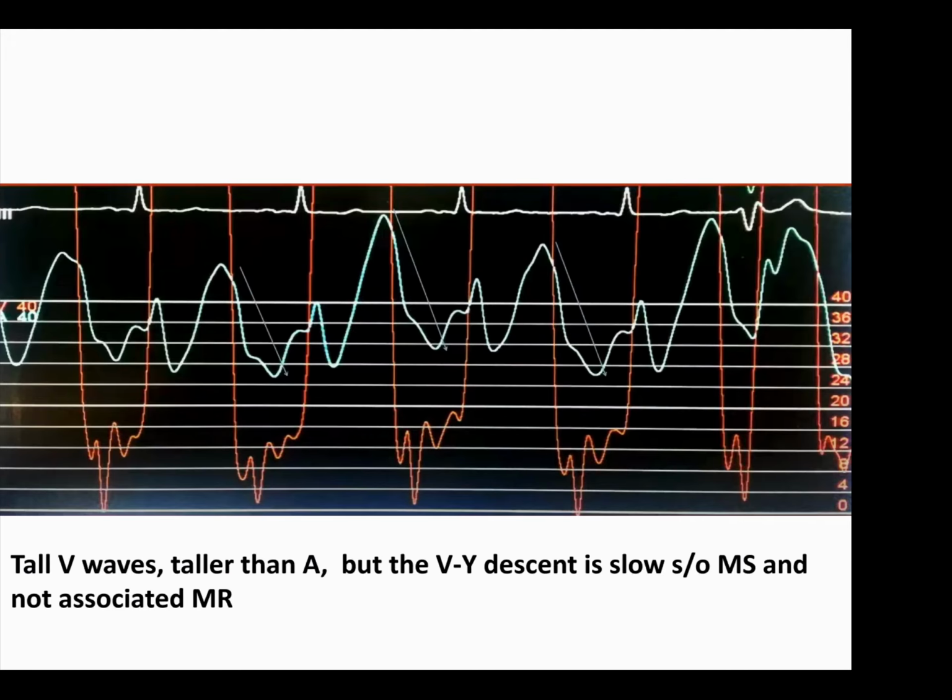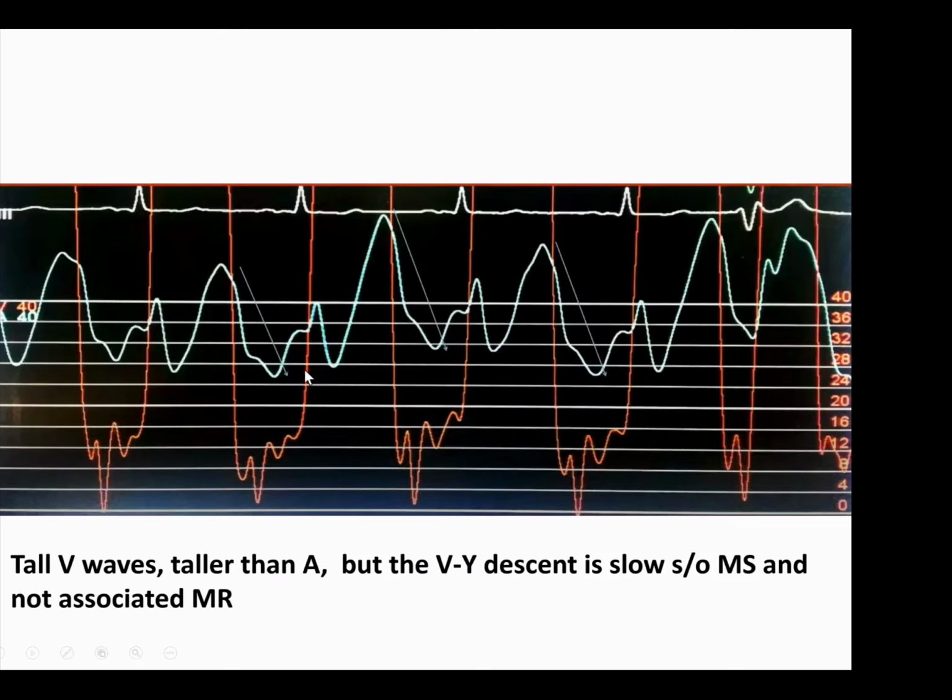How to differentiate? This is the tall V wave, but the VY descent. This is the peak of the V wave, this is the Y descent. The VY descent is slow. If the VY descent is slow, then it is because of the mitral stenosis.